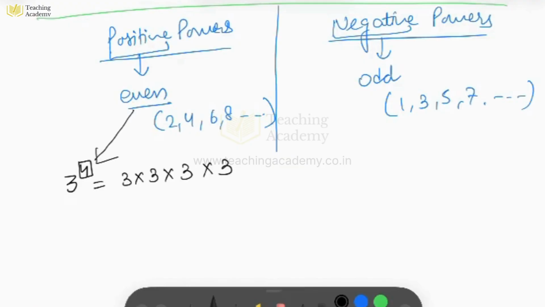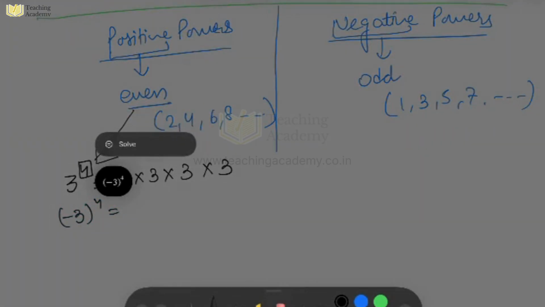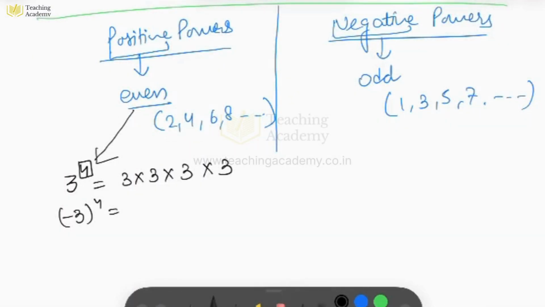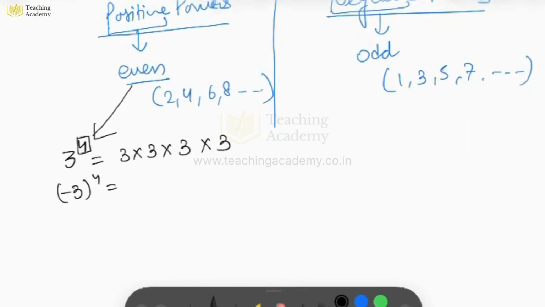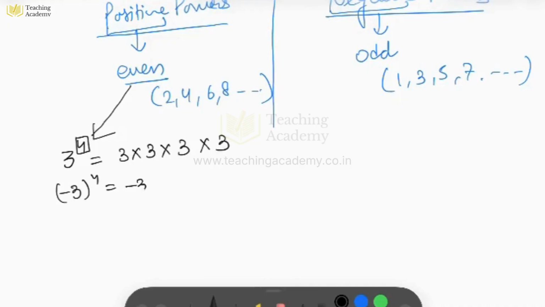But if my question is minus 3 raised to the power 4, your base here is negative 3. When you see a negative number in the base and the power is even, this means minus 3 is repeated 4 times like this.